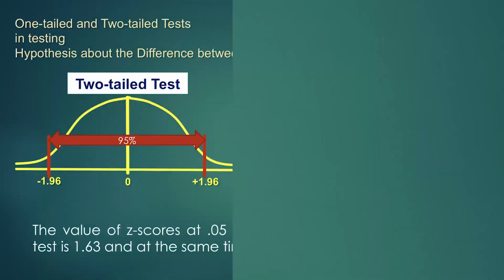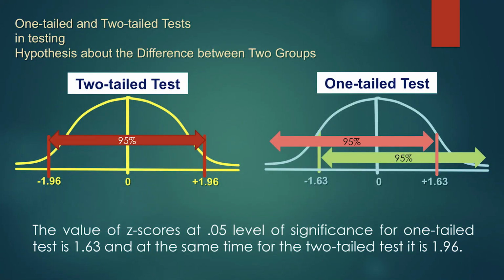Now, let us talk about the difference between one-tailed and two-tailed tests in terms of their statistical application. If we observe how the results of the one-tailed test and the two-tailed test appear on the normal probability curve, we may find the difference in the value of Z score at the same level of significance.